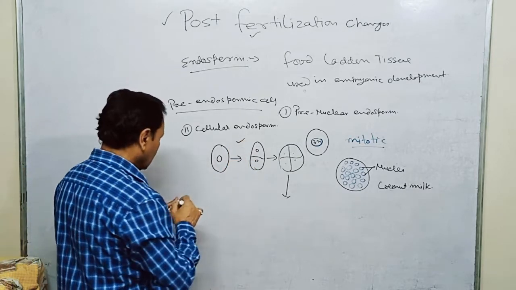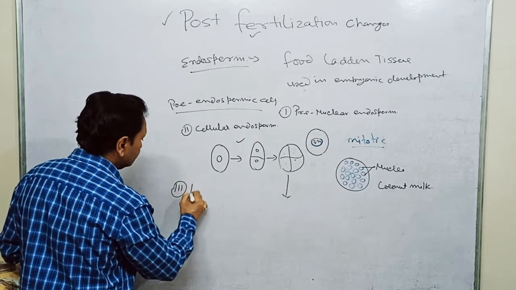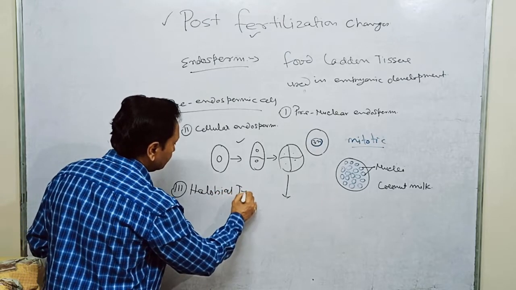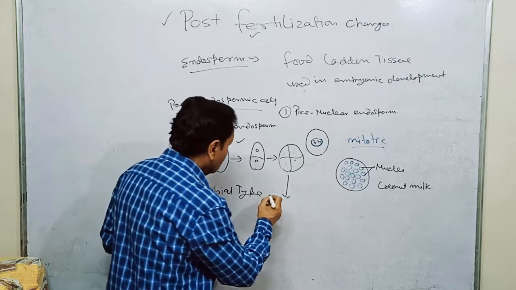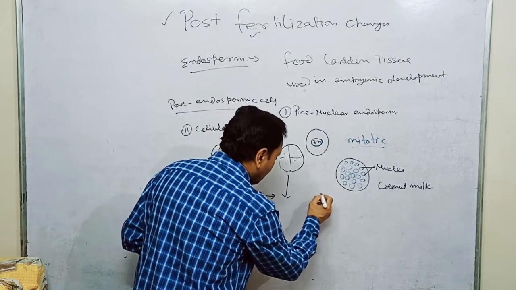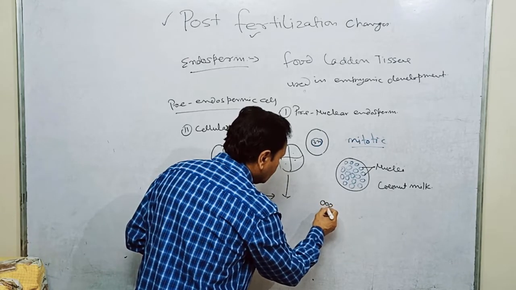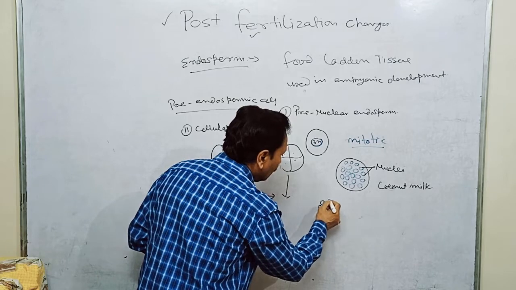Okay. Now, the third one is the helobial type. Here it has been observed that firstly the nuclei divide and form many more nuclei.